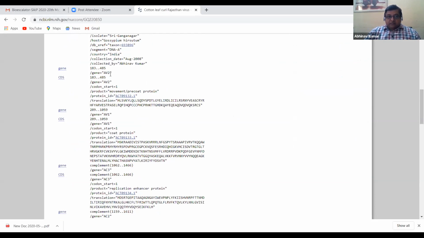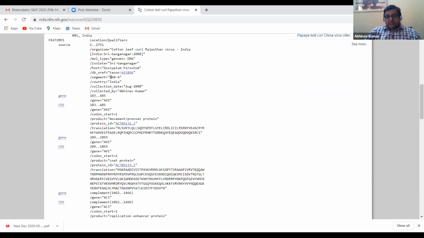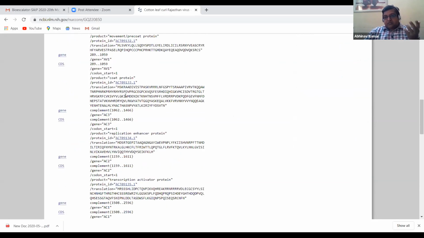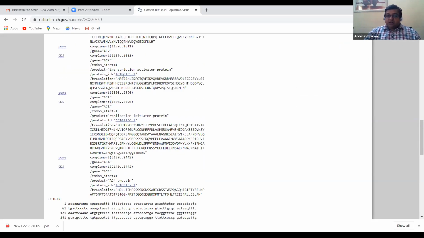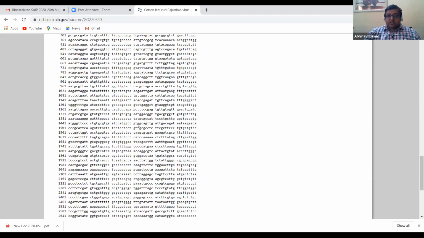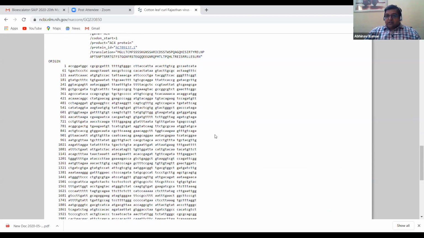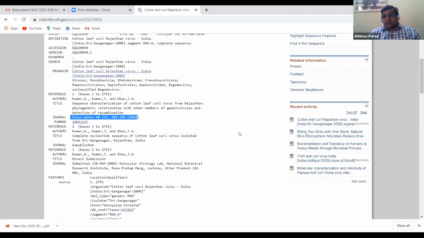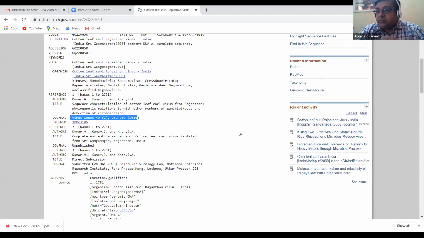Like the gene names, some coat protein gene, pre-coat protein, transcriptional activator protein, replicase gene. The information you can find, and in the last, the whole genome is there. Fine. So this is beautiful information which you can take from any sequence which is submitted in the GenBank.